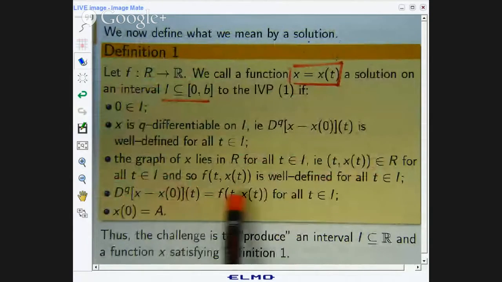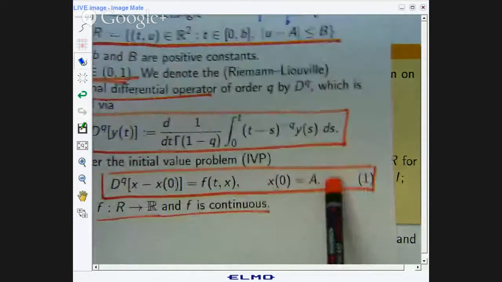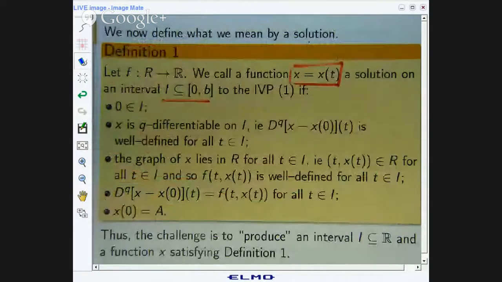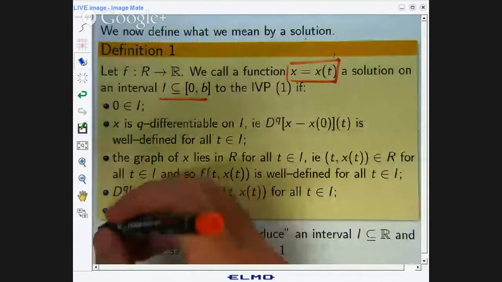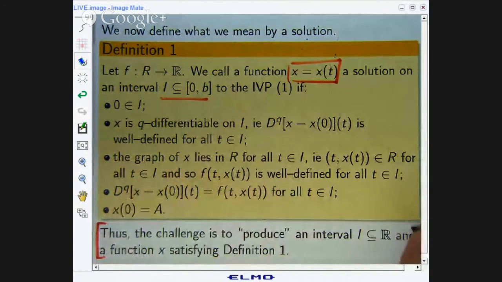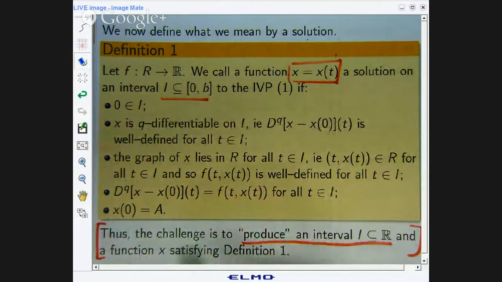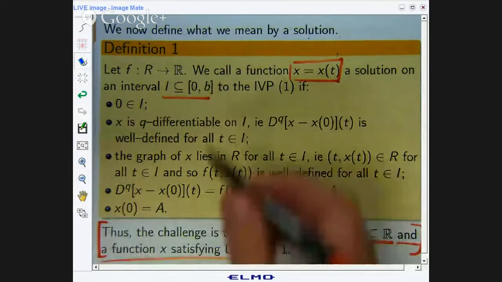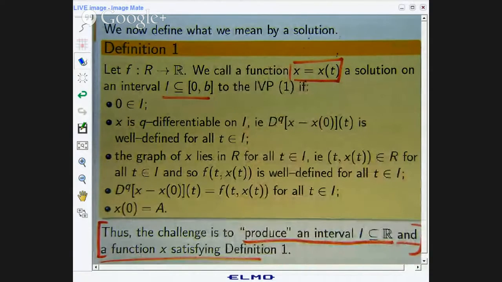The two sides are equal and the initial condition is satisfied. Okay? So when we look for solutions to these kinds of problems, the challenge is to find or produce an interval I and a function x where all these things are satisfied. Okay?